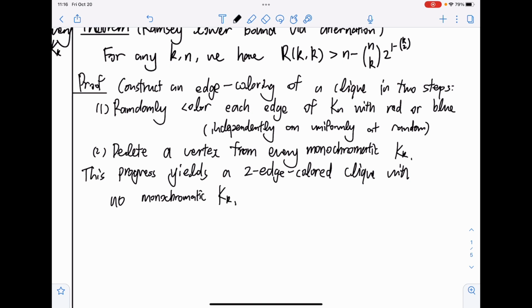Since you can see in the second step, we destroyed all monochromatic cliques.